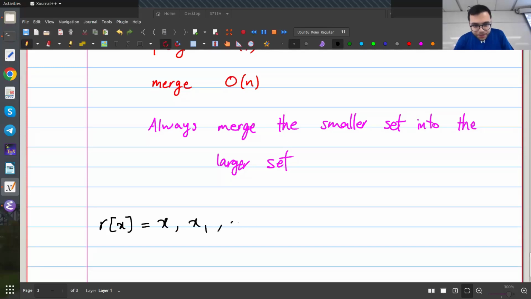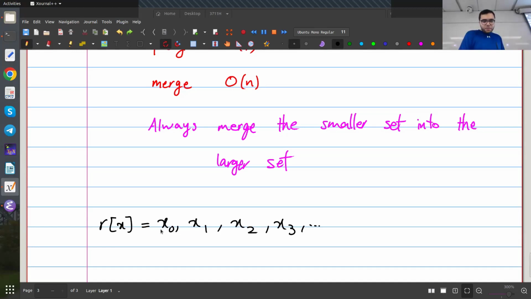Let's say my representative changes from X0 to X1, X2, X3, and so on. Initially, I had a connected component, or a set, of size 1. The fact that I changed that representative to something else means that I merged this connected component with a bigger connected component, or at least a connected component of the same size, because when they're equal, I'm doing it arbitrarily.